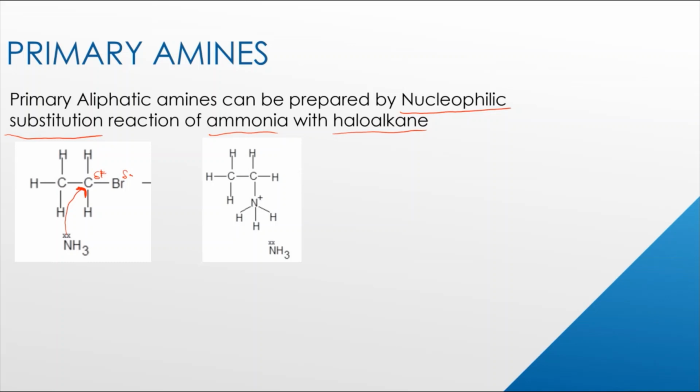So now what can happen is another ammonia can come along, and it can take one of the hydrogens, and the bond between the N and the H will break, so the electrons from that bond will be given to the nitrogen, so that the nitrogen will end up having a lone pair and that neutral charge again. So this is nucleophilic substitution reaction of ammonia with haloalkane, and the conditions, just a reminder, are a sealed tube with ethanolic solution.